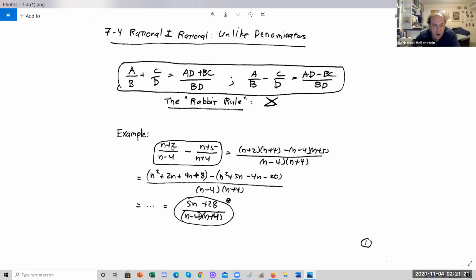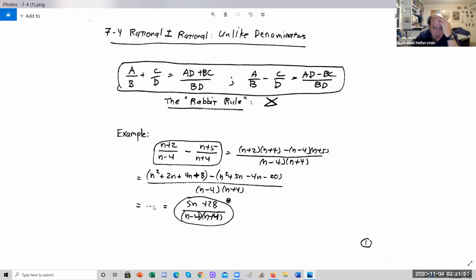So all right, n plus 2 over n minus 4 minus n plus 5 over n plus 4. So crisscross over the bottom: n plus 2 times n plus 4 minus n minus 4 times n plus 5, over n minus 4 times n plus 4. Well, okay, this expands out to n squared plus 2n plus 4n plus 8 minus, and this expands out to n squared plus 5n minus 4n minus 20, over the same product as before.